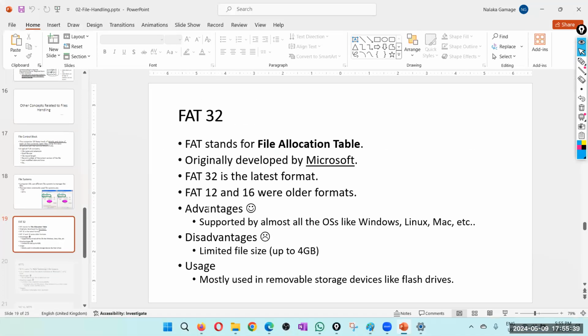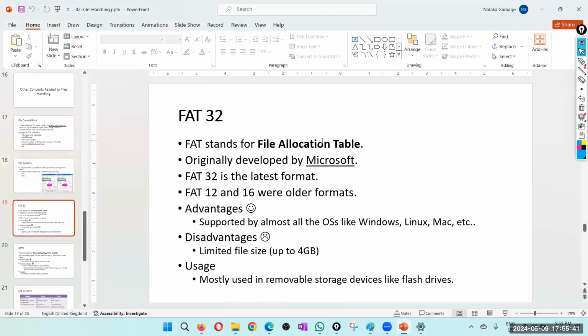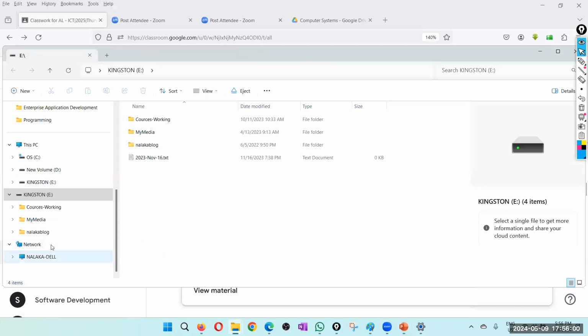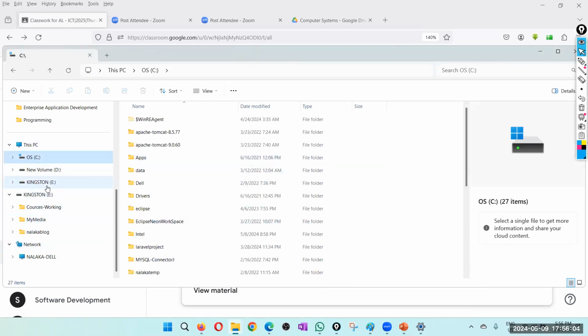Okay, so let me fix that pen drive again. I'm just looking for my pen drive. Now again, you can see the E drive.